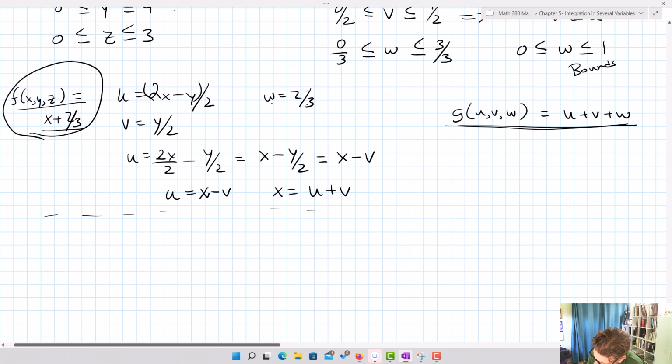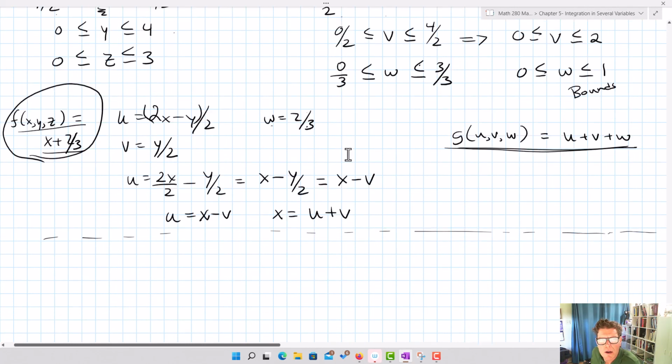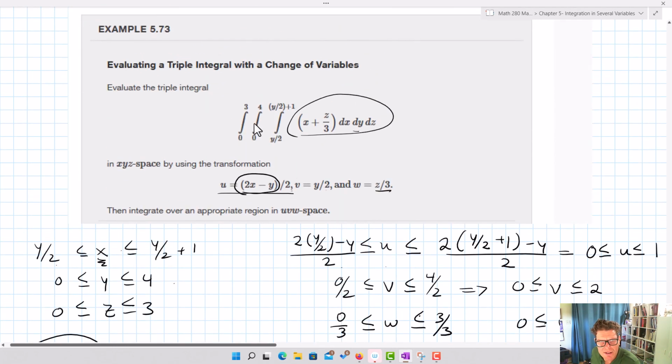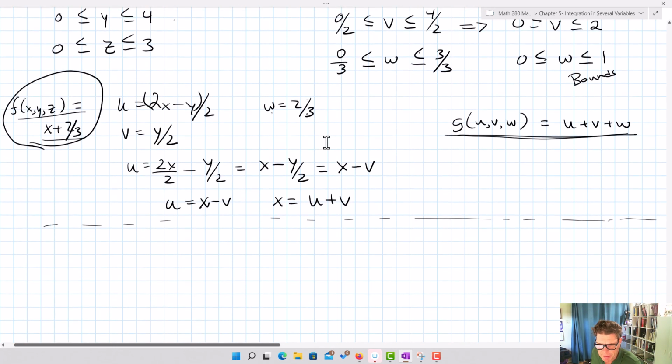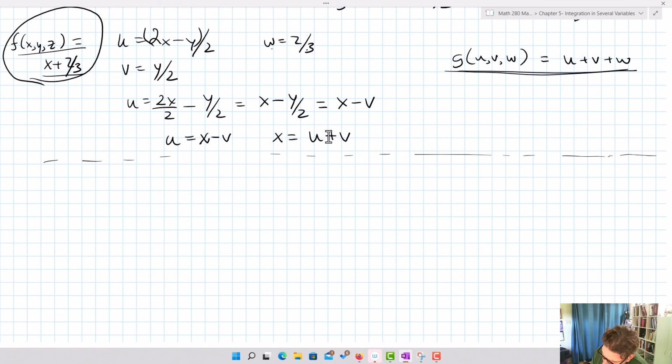Now I need to go in and find that Jacobian. So I have g of u, v, w. My functions: x equals u plus v, which I found, that was my inverse, and I know that w equals z over 3.